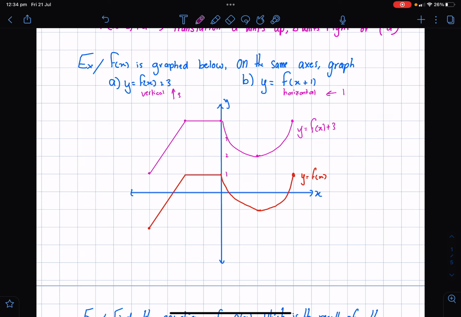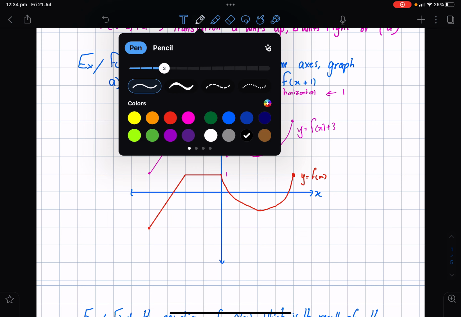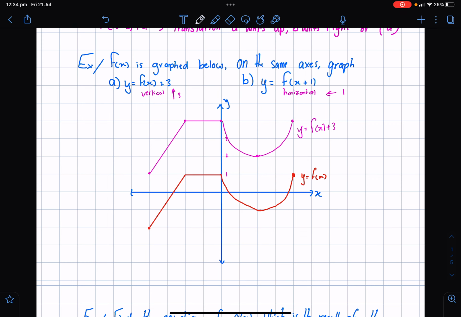All right, let's now have a look at part B. So that's a horizontal translation of 1 to the left. So that means, kind of like our first example where we moved everything up 3 units, we're just going to move everything across 1 unit. So this point here goes to there, to there, to there, to there, and to there.